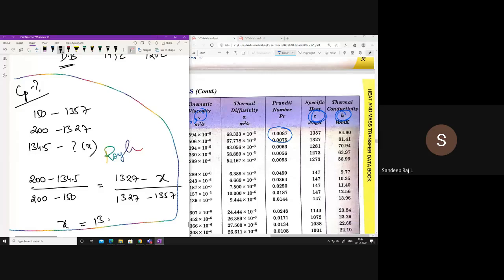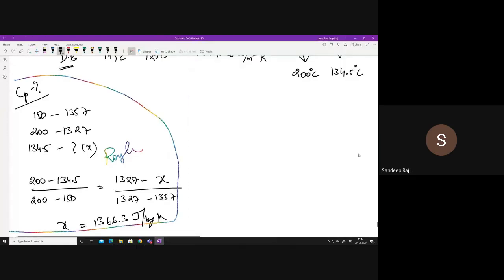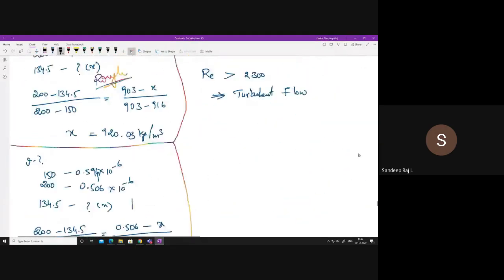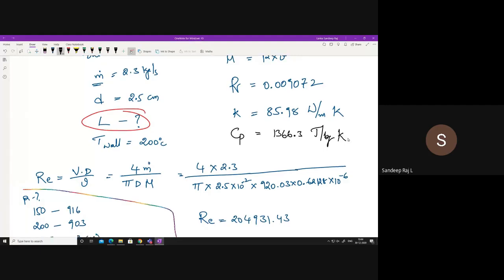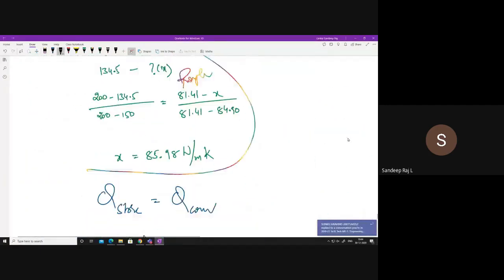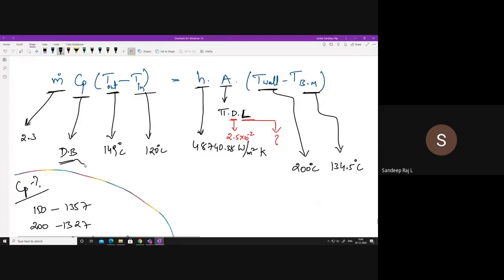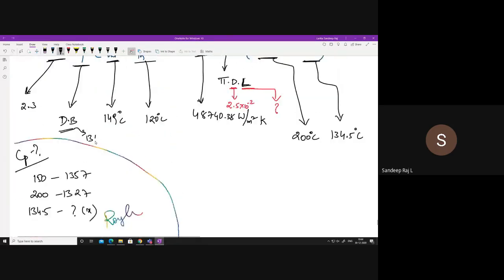Please repeat. 1366.3 joule per kg Kelvin. Write it on the top right corner. How to substitute it here? Cp is 1366.3 joule per kg Kelvin.